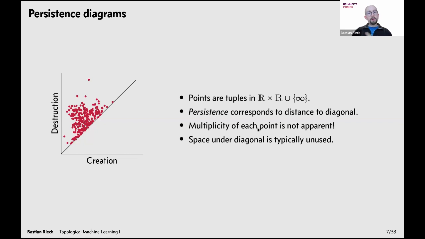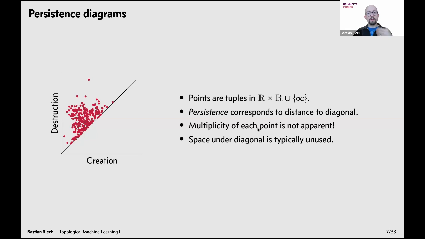Now, the points in a persistence diagram are, of course, tuples in R times R extended, so you can have infinite tuples. We're not going to discuss what happens with those. We're just going to assume that we have those. The persistence of every one of these tuples, of course, corresponds to the distance to the diagonal. But if you look at this, the multiplicity of each point is typically not apparent from this diagram.